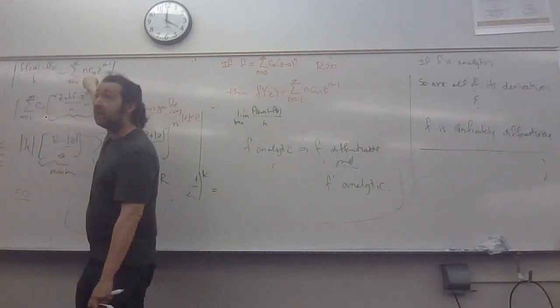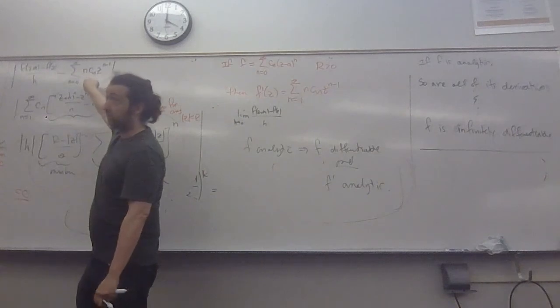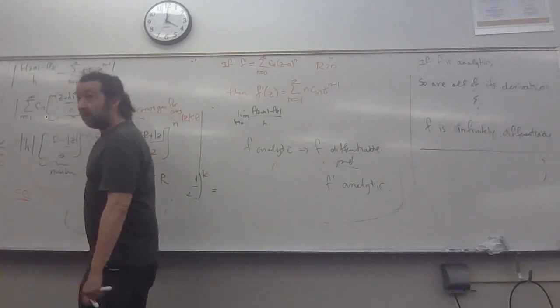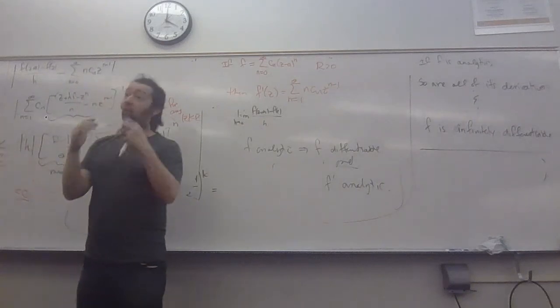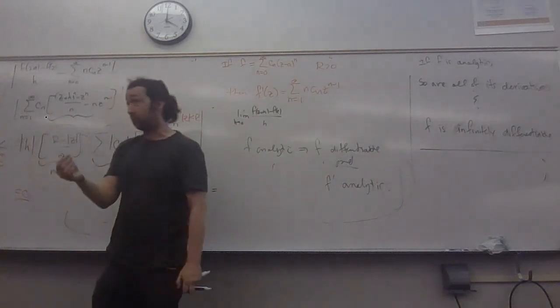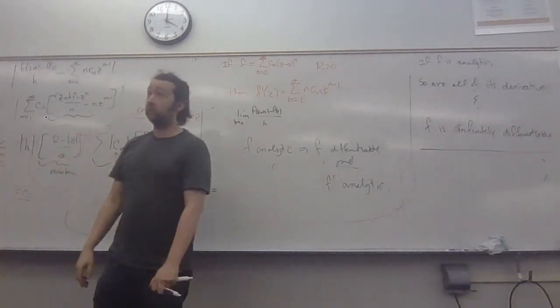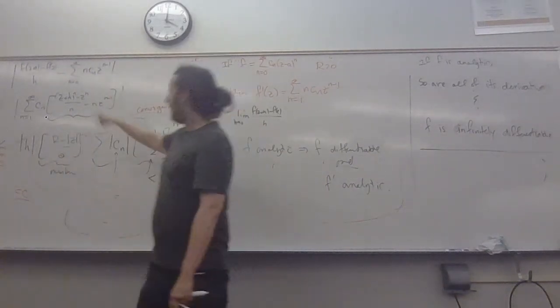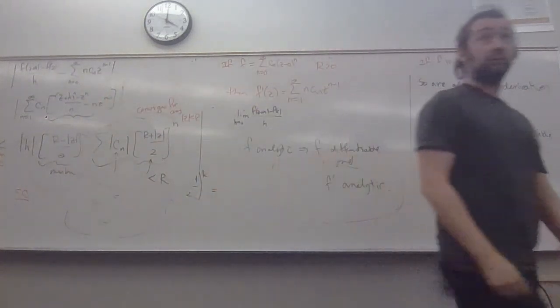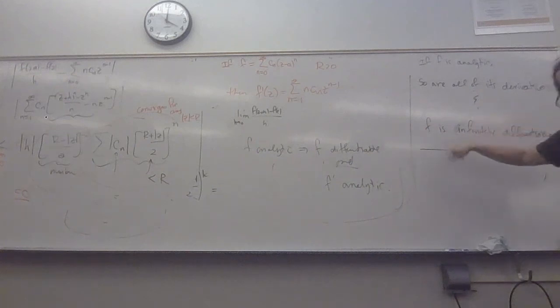So we've proved that the difference quotient converges to L, and that limit L is what we call f prime of z for a given z. Showing that it has a limit is the same as saying that f is differentiable. And since it works for all z inside the radius of convergence, f is holomorphic there.